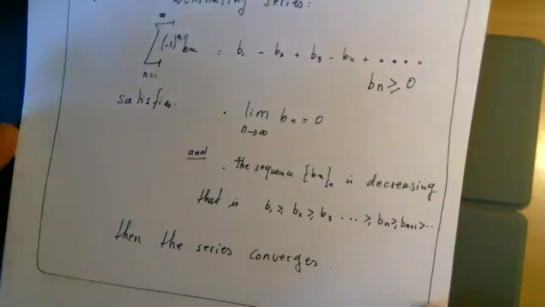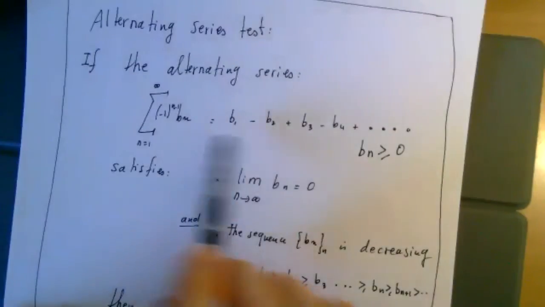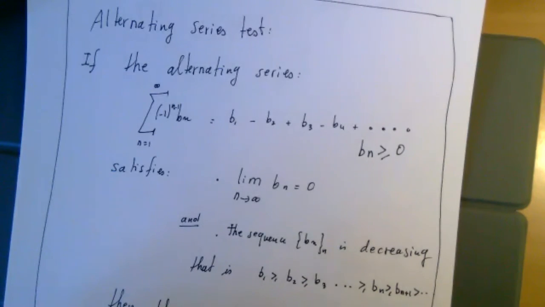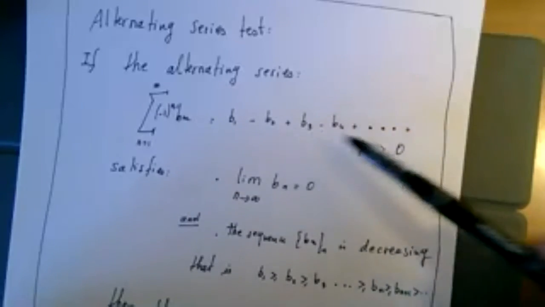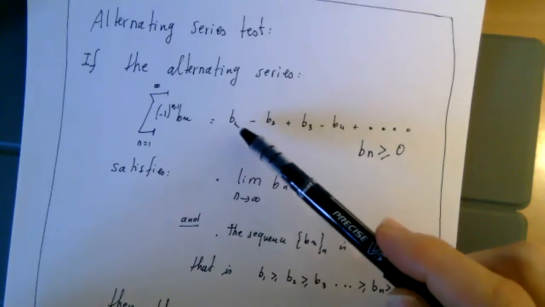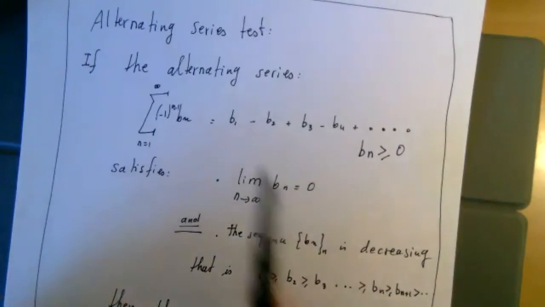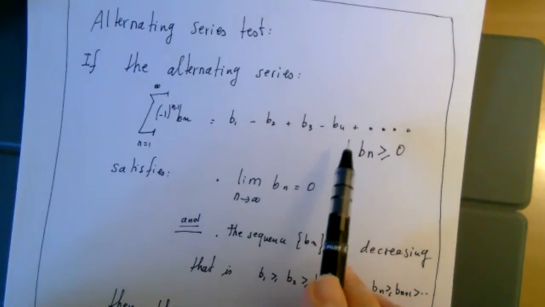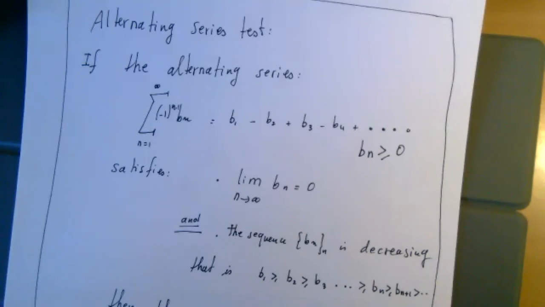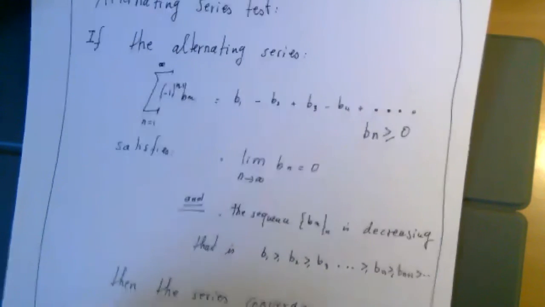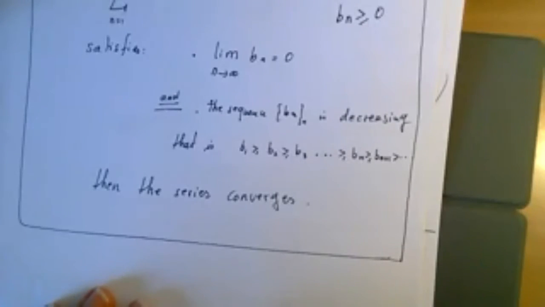So the alternating series test works only for series that alternate. And it tells me that if the terms go to 0, and both conditions should be satisfied, and those terms decrease, so they go down, then we can immediately say that the series converges.